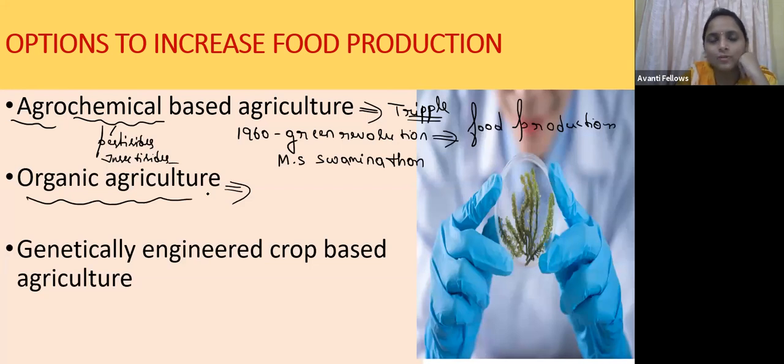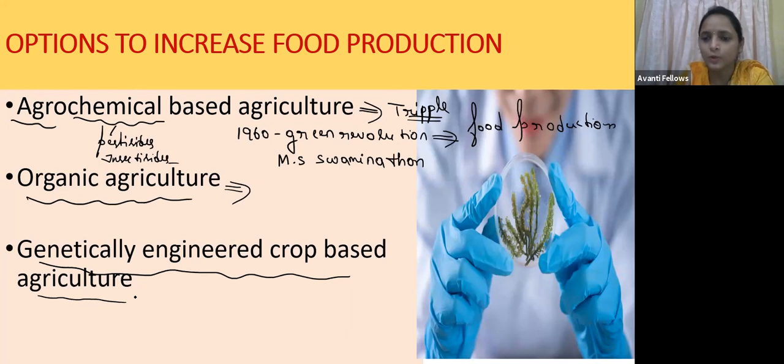Okay, so guys, now tell me, by these two methods also it is not sufficient to increase food production. So for that another method came, which is genetically engineered crop based agriculture. Here, what we are going to do is add specific genes to the plants, thereby making the plant increase food production.